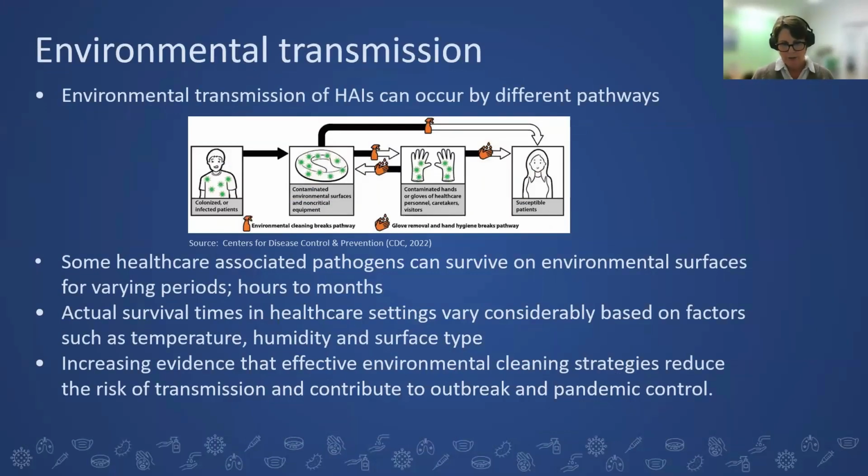So if we look at environmental transmission, I quite like this little diagram from the CDC, so that we can see that if we have a colonised or an infected patient, we can have them contaminating environmental surfaces or non-critical equipment within your practice environment.